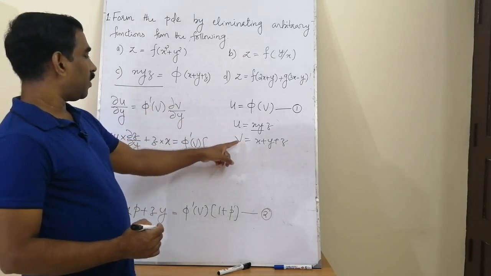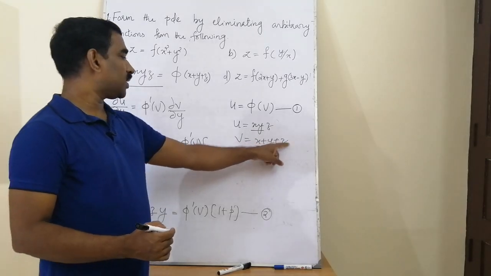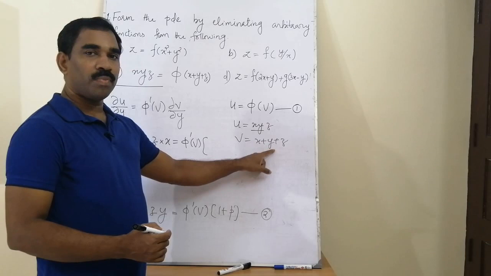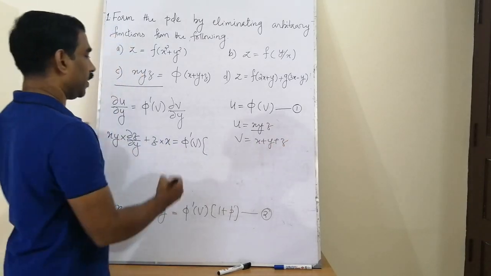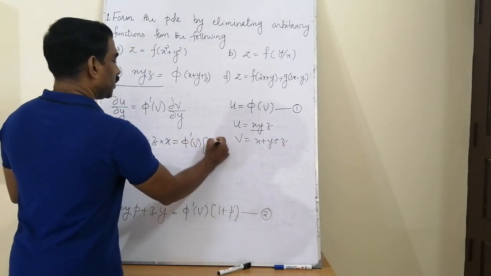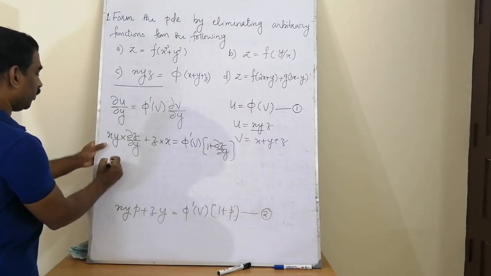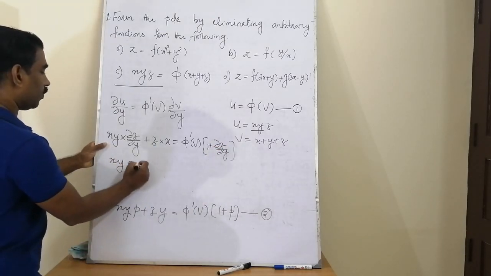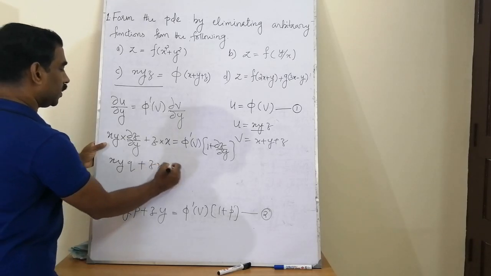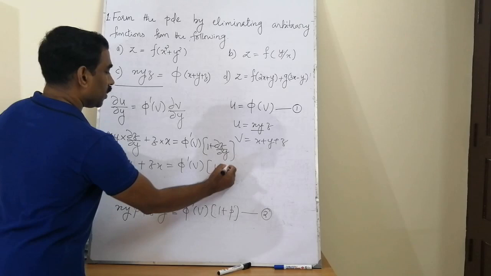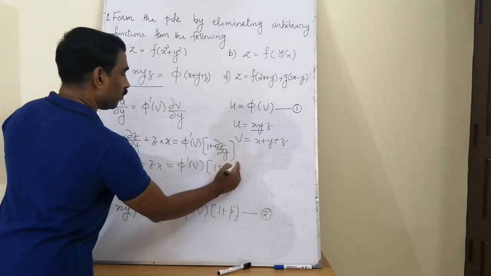What is dou v by dou y? v is equal to x plus y plus z. So dou v by dou y will be 0 plus 1 plus dou z by dou y, that is 1 plus dou z by dou y. Or in notation, this will be xyq plus zx is equal to phi dash of v into 1 plus q, equation number 3.